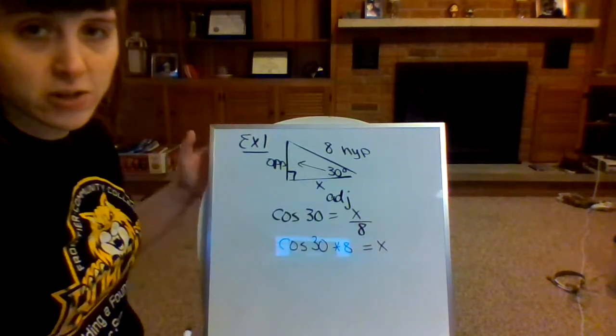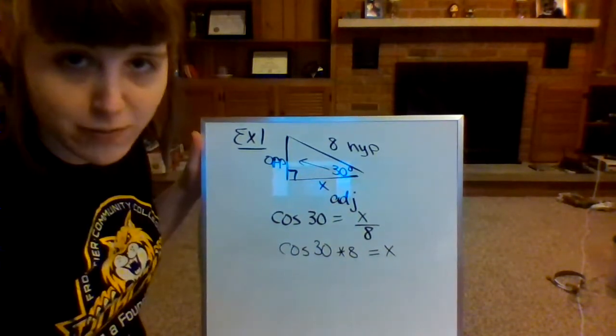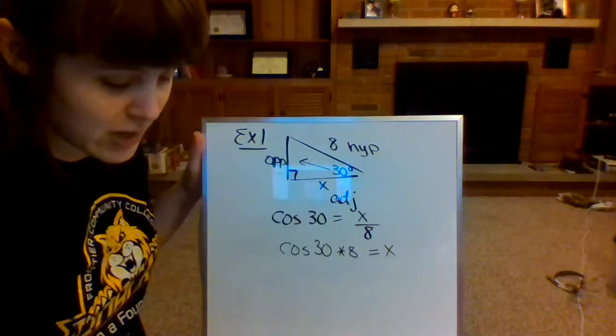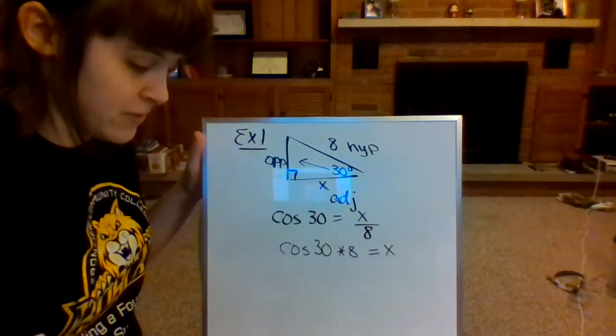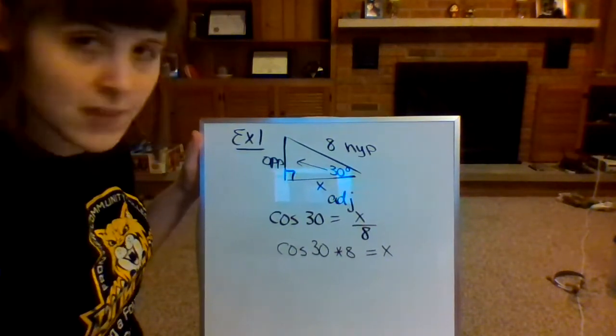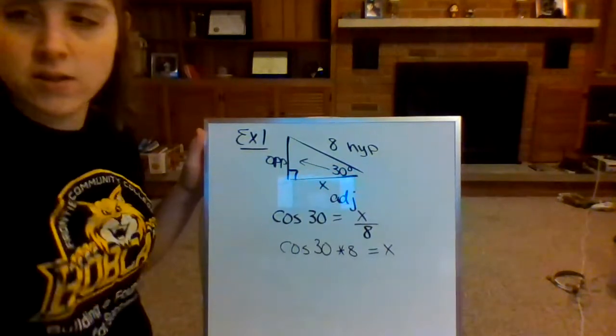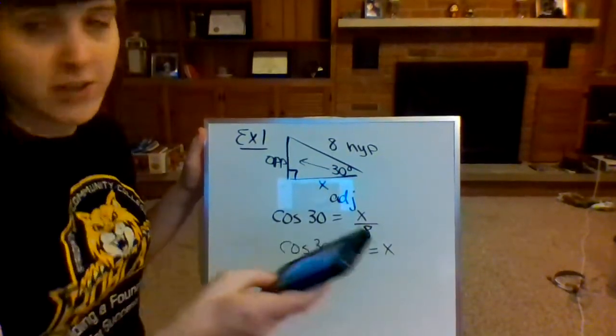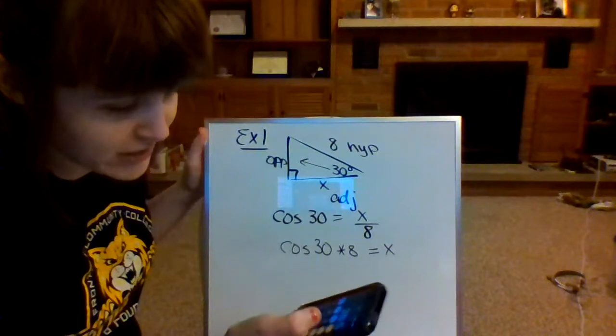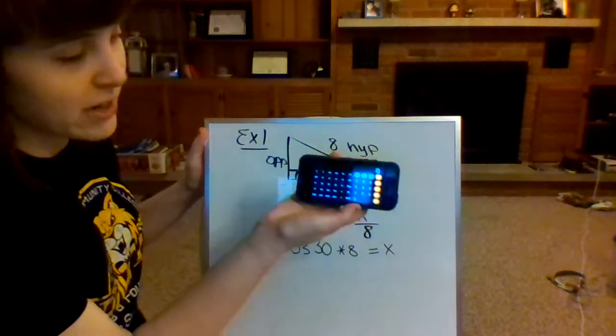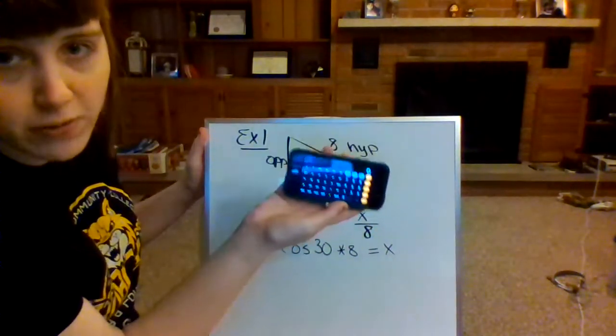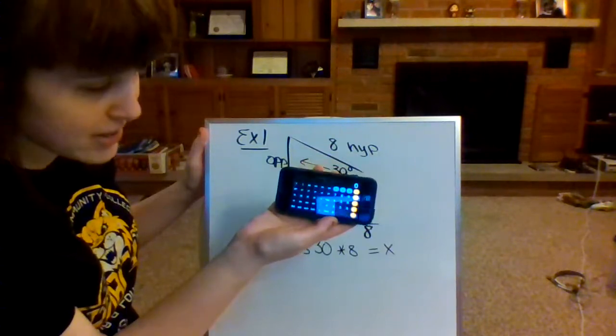A lot of you are using your phone as a calculator, so I'm going to show you how to do that on your phone. Go to calculator and turn it sideways to get all of the possible calculator buttons.